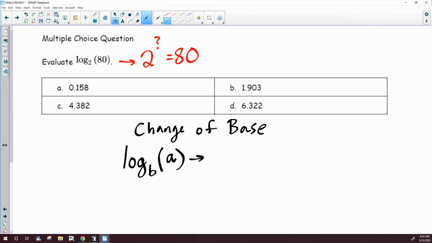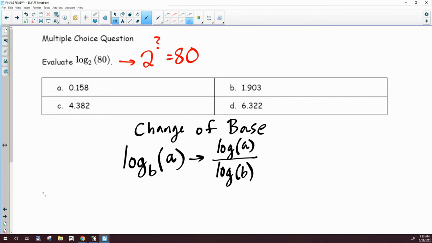But it looks like this. If you have log base b of a, and a is some number, you just do the log of a divided by the log of b. A good way to remember this is the b is already lower, so that goes on the bottom. Or you can remember b for bottom. The b goes on the bottom, the a goes on the top.